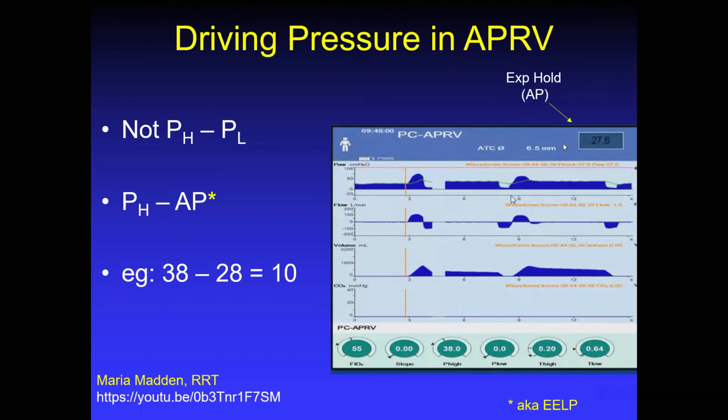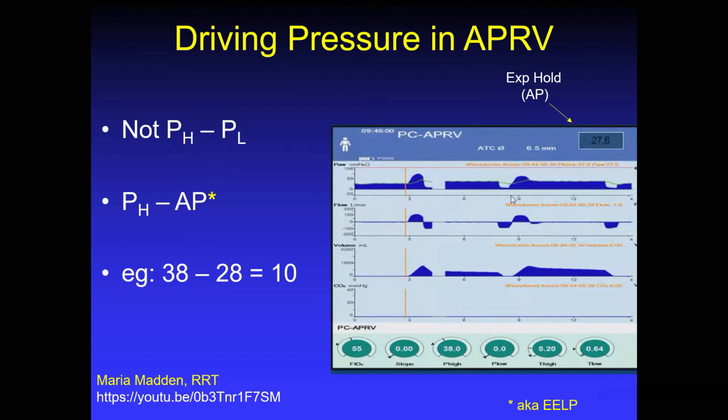I've tried that on the GE vents that we currently have in our centers, and I've not been able to get it to work. And maybe I'm just not doing something right. But in any case, the important recognition is that so long as your T low is set appropriately short, you're not dropping to the set P low of 0.